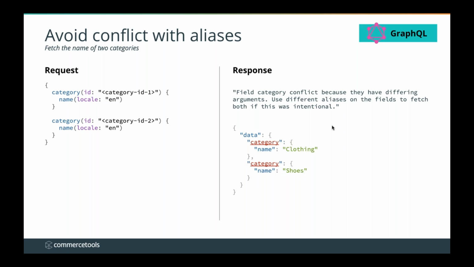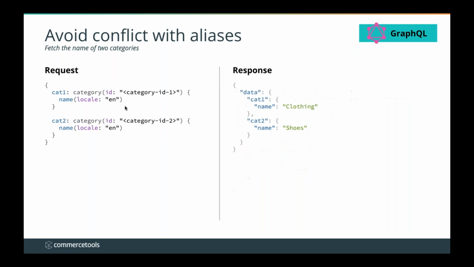So it's suggesting you to use aliases. How can you use aliases? It's very easy. You just have to put in front of the field the name that you want, and then in the response, you're going to receive, instead of category, the name that you assigned. This way you solve the conflict and you can obtain the information that you wanted.